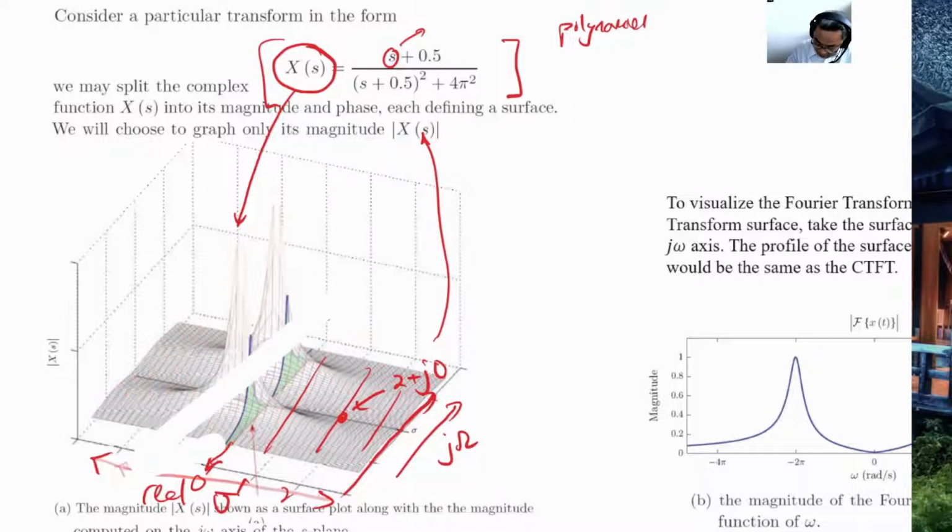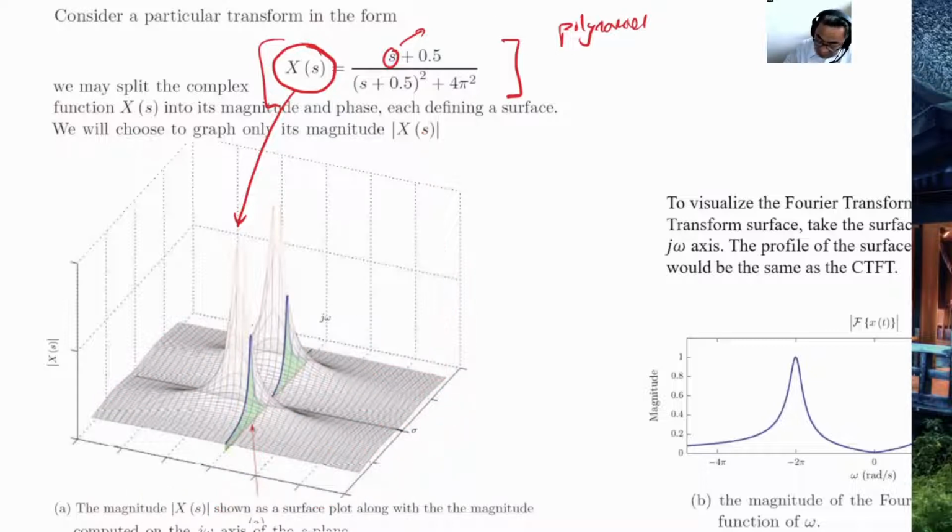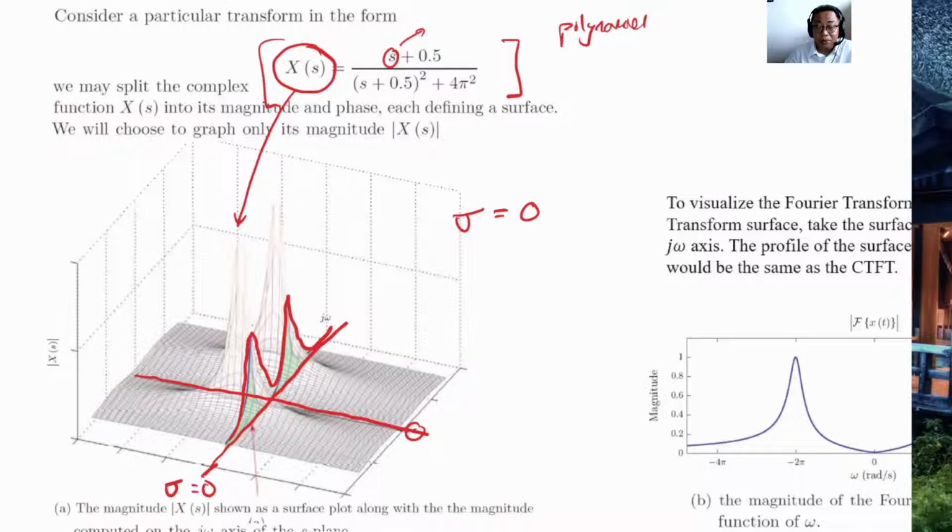Once we have this, we are interested in finding out when sigma is equal to 0. So this line is sigma, and when sigma is 0, we are interested in the surface that is being cut here, and we got this surface. This surface is very interesting because it is formed when sigma is equal to 0.